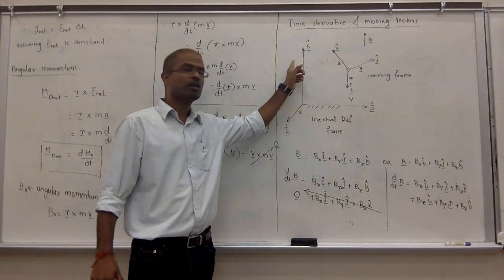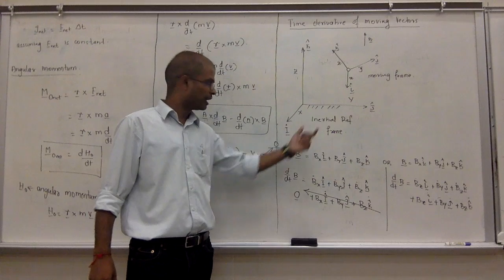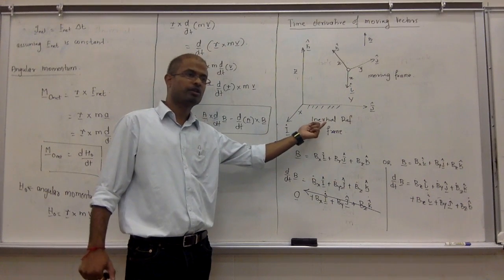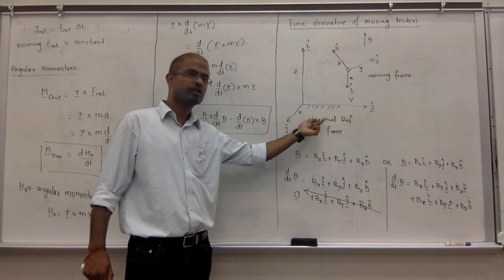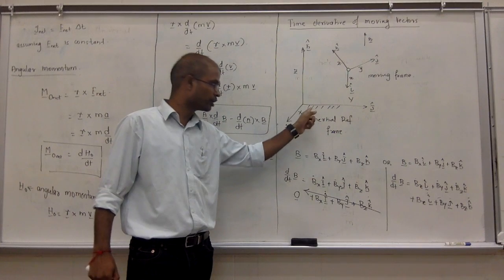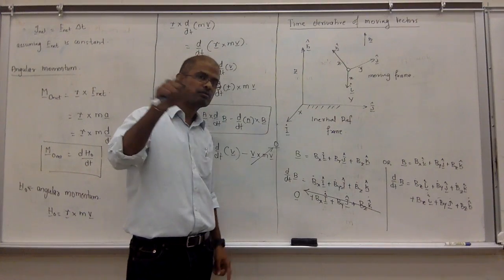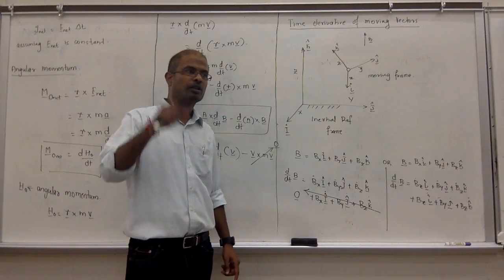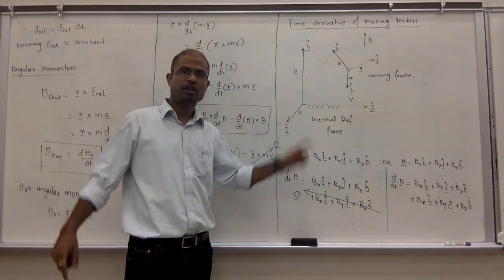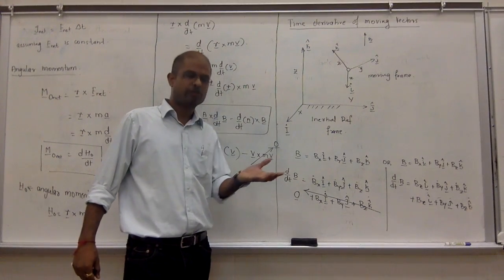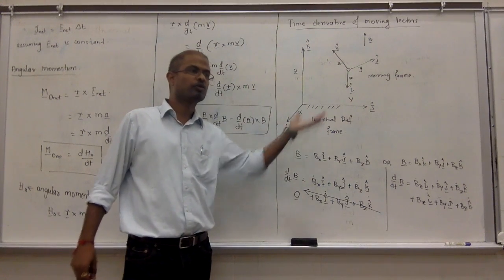I, J, K are not changing. That is how you define your inertial reference frame, because it is defined as an inertial reference frame. What does this mean? Those lines drawn like that are fixed. It is attached to something. So those are not changing.